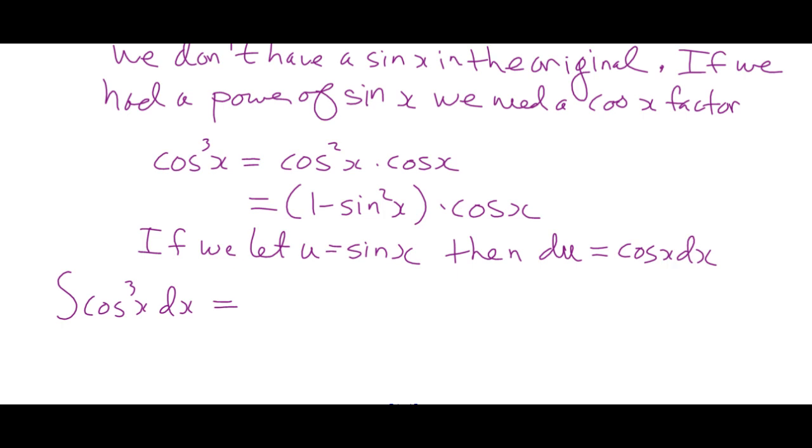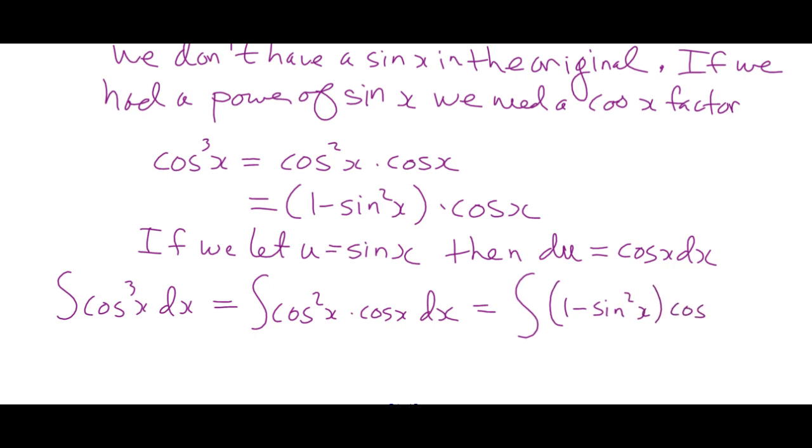I'm going to write that as the integral of cos squared x times cos x dx, and then as the integral of 1 minus sine squared x, cos x dx. And now we can see that du is cos x dx. And if u is sine x, then this is 1 minus u squared. And that we can do, right? That's easy.